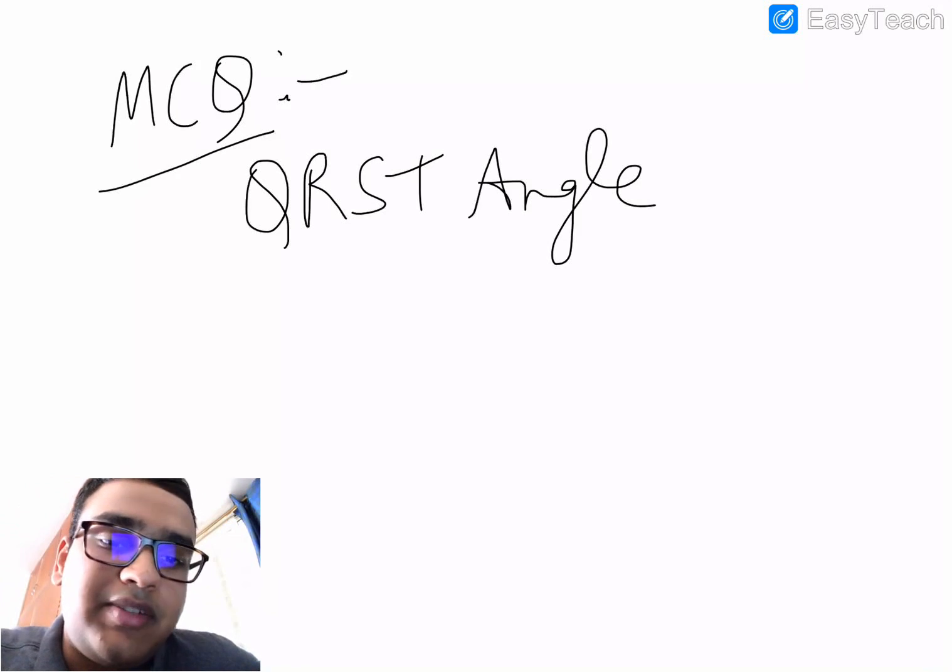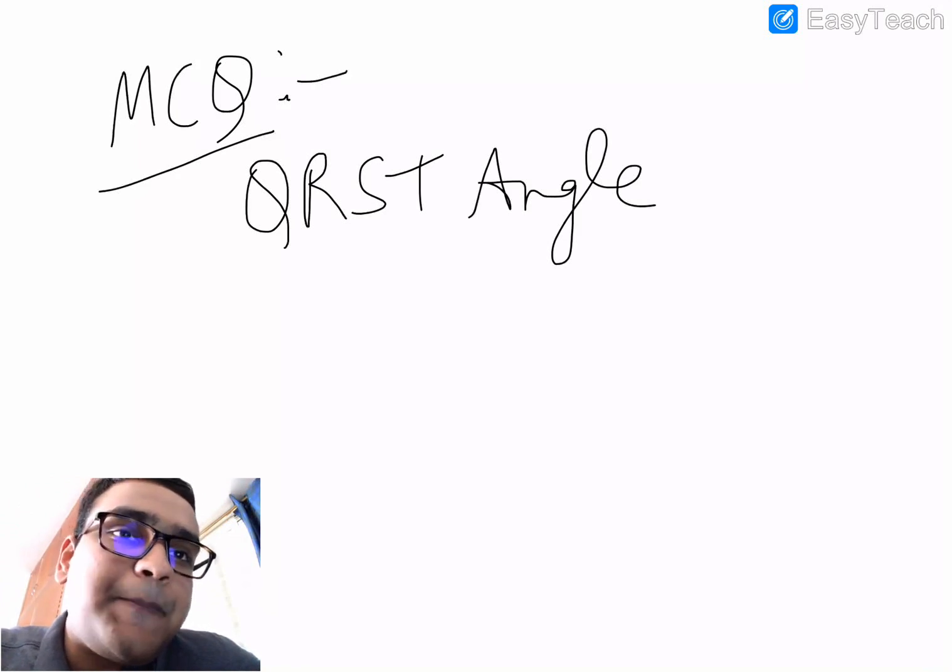The human body is three-dimensional, of course. So the sum total of all the vectors can be plotted in a three-dimensional plane. There's an angle generated between the QRS and the ST segment. This angle between these two is known as QRST angle.